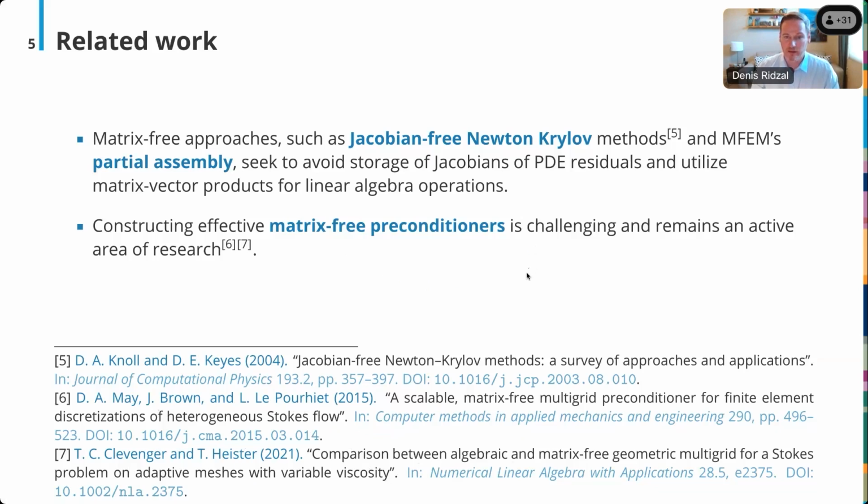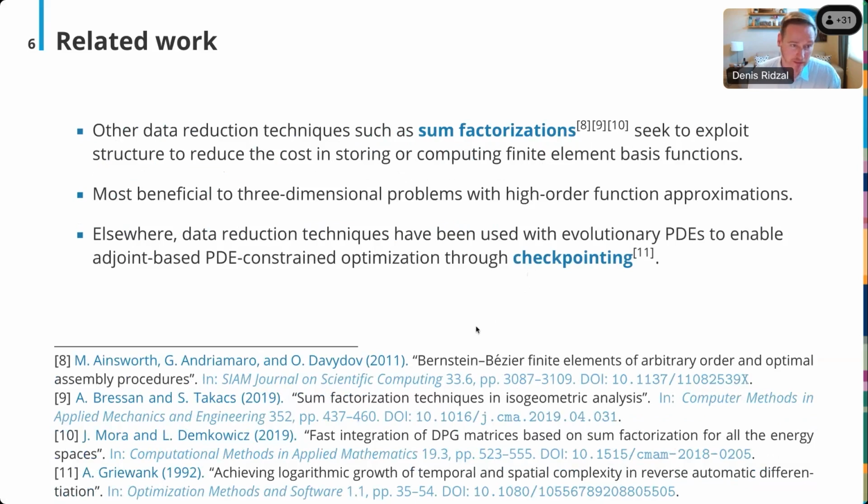Now, there are a few other related efforts. One is well known in the finite element community, and that is sum factorizations. The sum factorizations try to reduce the cost in storing or computing finite element-based functions by exploiting the low-level structure of those computations.